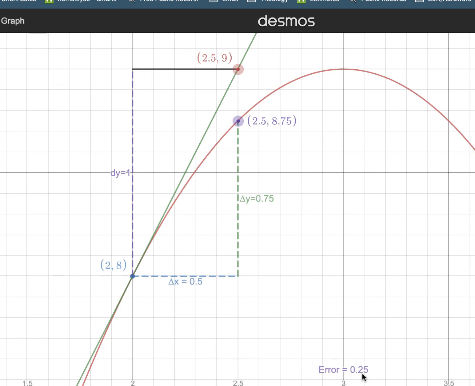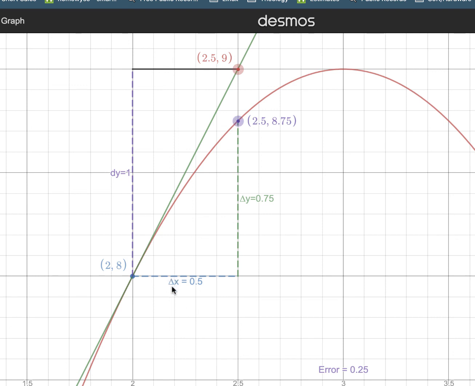Getting a man on Mars, well, if our initial error is off by 0.25 inches, that's going to grow exponentially as we start moving further and further away, and we'll probably miss Mars completely. So application is important, how much the error is, but still we can see here if we use the differential, we're off by about 0.25.